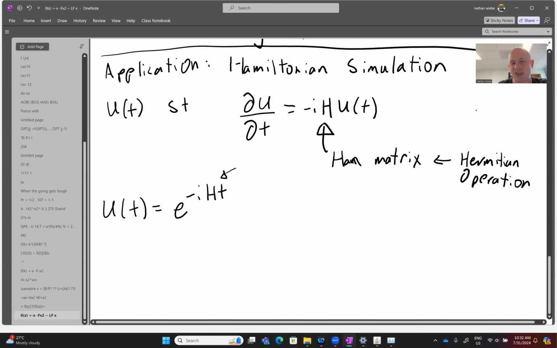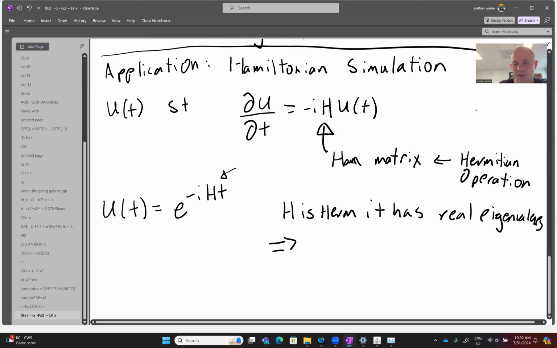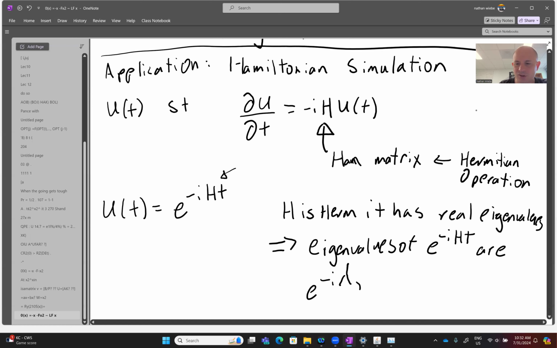And note, because h is Hermitian, it has real eigenvalues. This implies that the eigenvalues of e to the minus i h t are of the form e to the negative i lambda j t, for lambda j real.